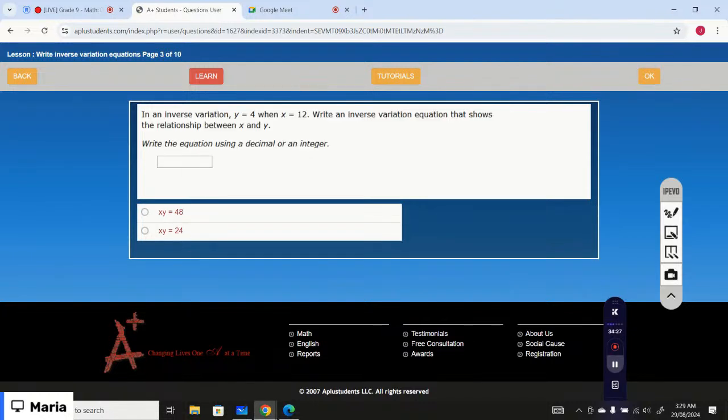The next one is, in an inverse variation y equals 12 and x equals 4. Write an inverse variation equation that shows the relationship between x and y. So which is the correct option?